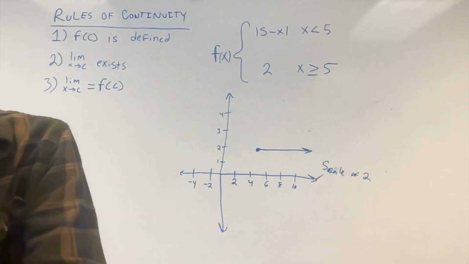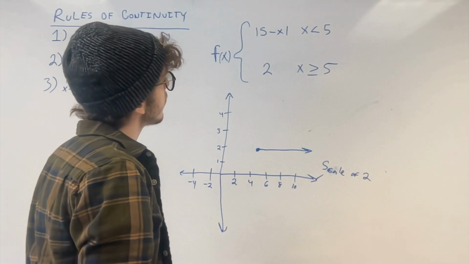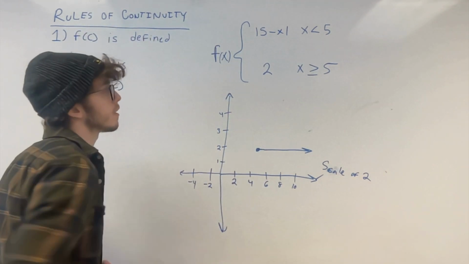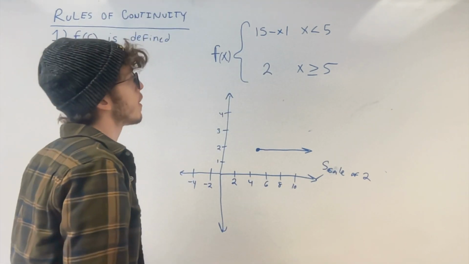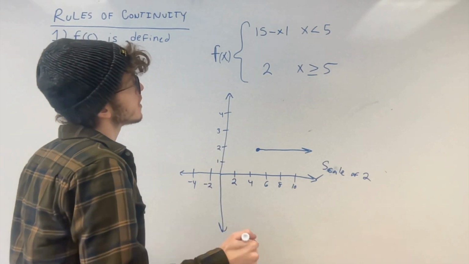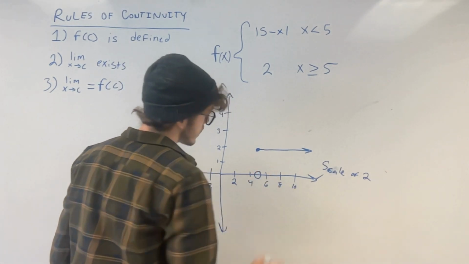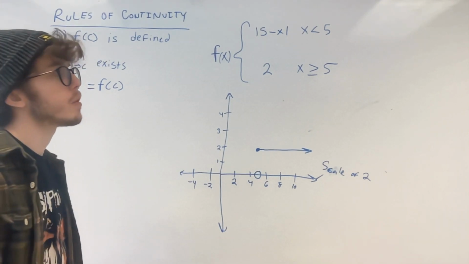You probably need a calculator for this, or maybe you can do it in your head. When x is less than 5, so this side of the graph, we have to follow that rule. At 5, 5 minus 5 is 0. The absolute value of that is just 0. We use an open circle, indicating that the value is not defined at that point.